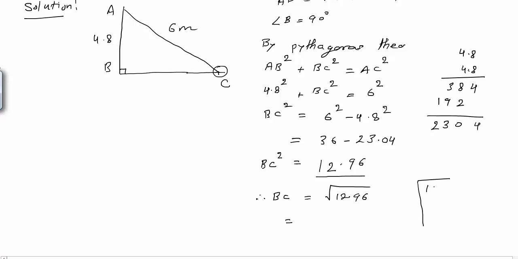Here we take 12.96. 3 3s are 9, I got 3, I will shift the decimal up, 396. Now 3 plus 3 is 6, and this 6 is there, so 6 6s are 36, 3 6s are 36 plus 3 is 39, I subtract, I will get 0, so the square root of 12.96 I am getting as 3.6. So the value of BC is 3.6.